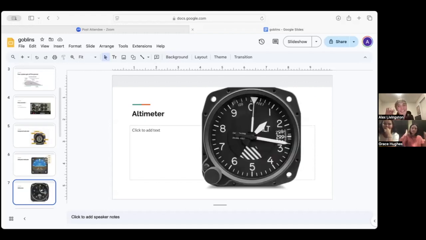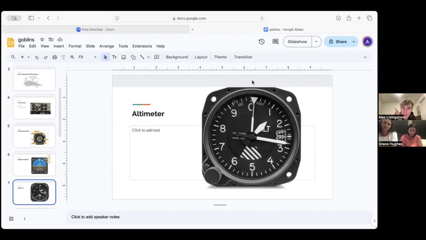altimeter. Altimeter is a little crazy because it's kind of two in one. Basically, all it's doing is telling you how high you are, because there's different types of altitude. There's MSL, which is mean sea level, so how far above sea level you are. And then AGL, which is above ground level.